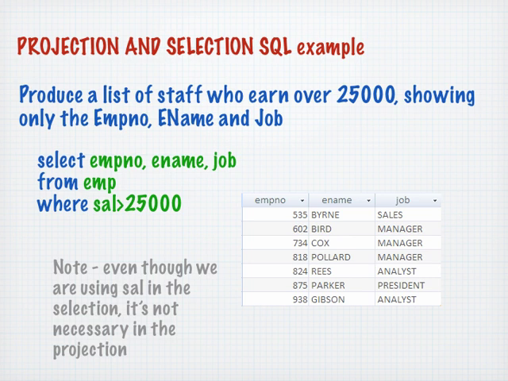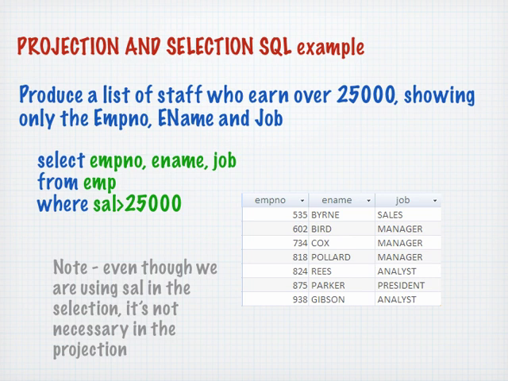Now, one of the things to watch out for here, if you've ever done any programming before, then you might think, well, wait a minute, we're doing a test on the salary column. Do I need to include that when I actually do the output? If you think in terms of input, process, output, if you've done a previous computing course. Well, no. The nice thing about SQL is that you can use whichever columns you like inside the query, and there doesn't have to be a correlation between the columns that you're actually testing against and the ones that you actually display.